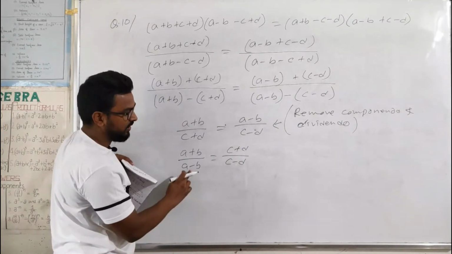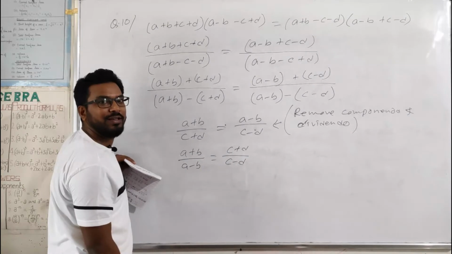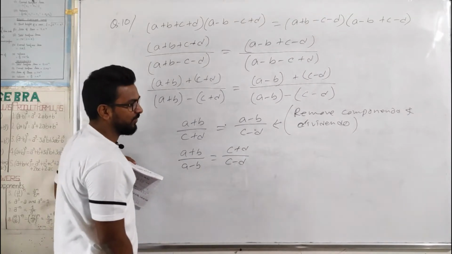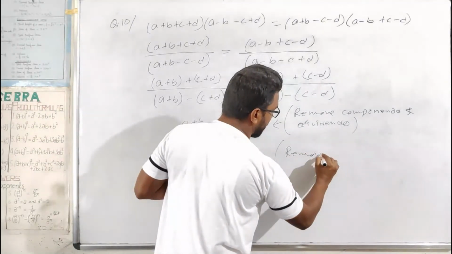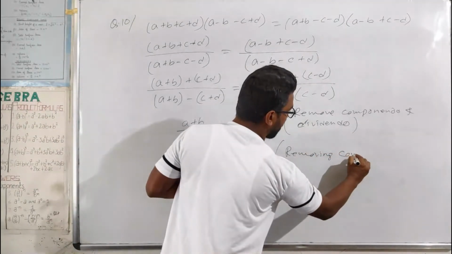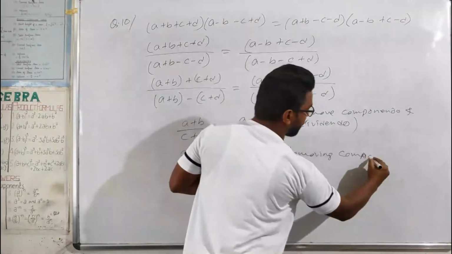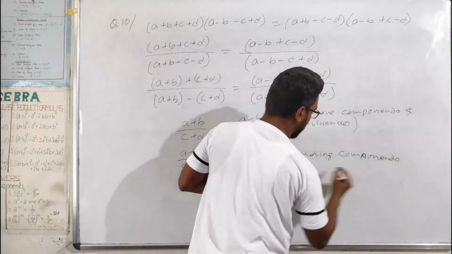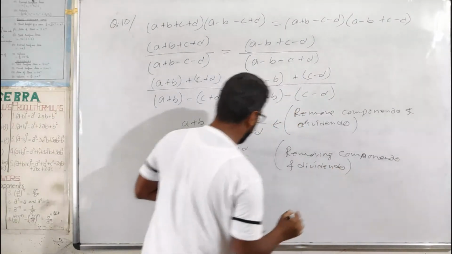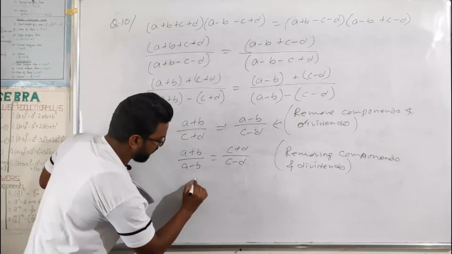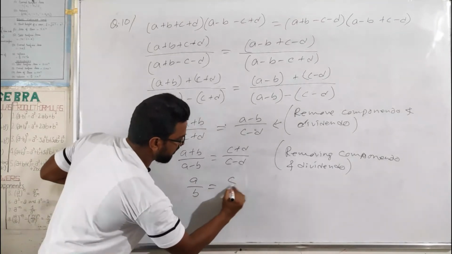Now again you see this also follows the componendo and dividendo formula. So here also, removing componendo and dividendo, now here also you can write a by b equals c by d.